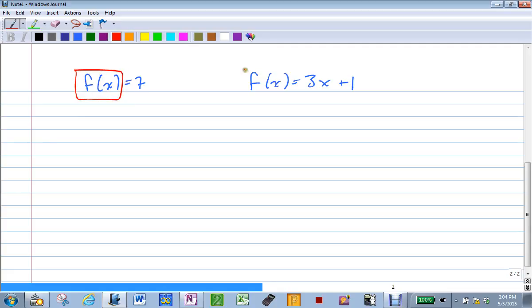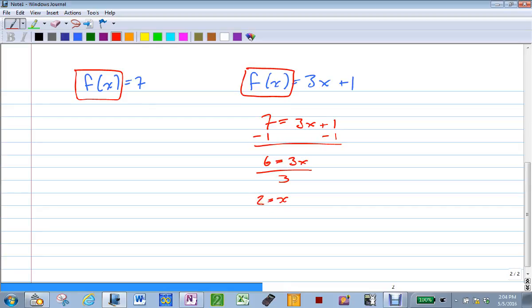It's 7. So can I replace this whole thing with a 7? So now 7 equals 3x plus 1, yes? But I need x, don't I? So I do minus 1 minus 1. 6 equals 3x. You remember this from grade 9. Then I divide by 3, and x equals 2. Which we already knew from 2 seconds ago. Cool? Yeah, I understand. Okay.